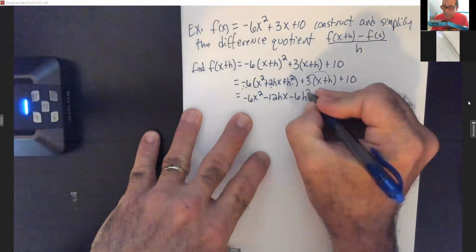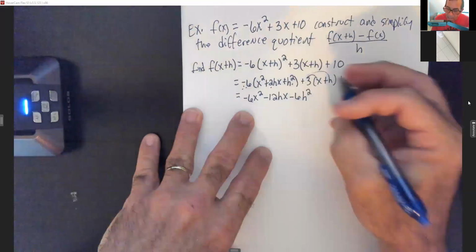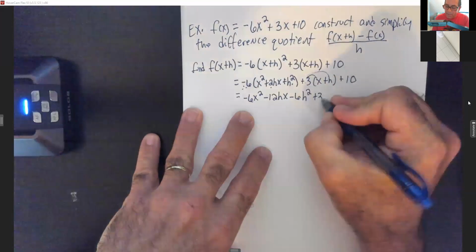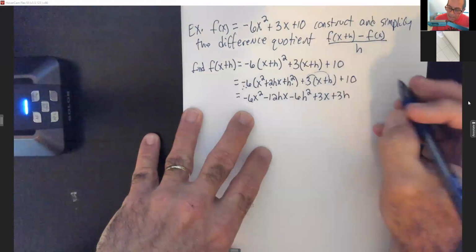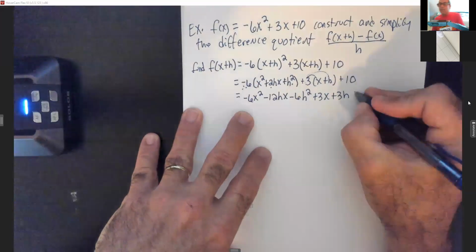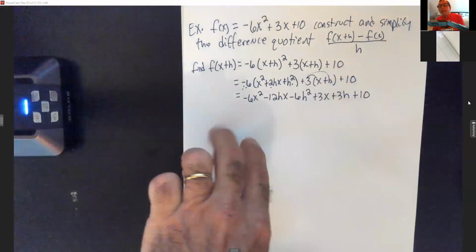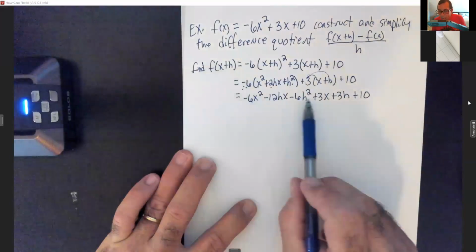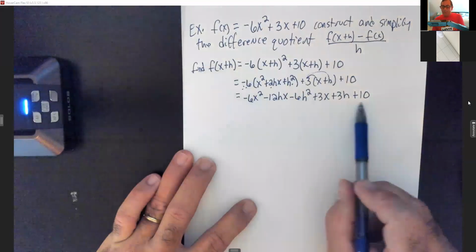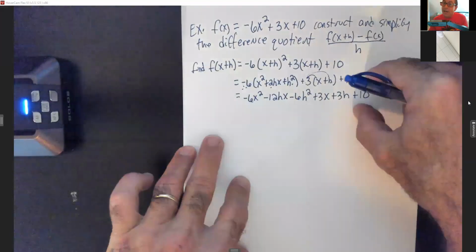Then I got 3 times x is a 3x. 3 times h is a 3h. And then at the end is my positive 10. Y'all look at this. Sadly, there are no like terms in here. So this whole thing is now f of x plus h.